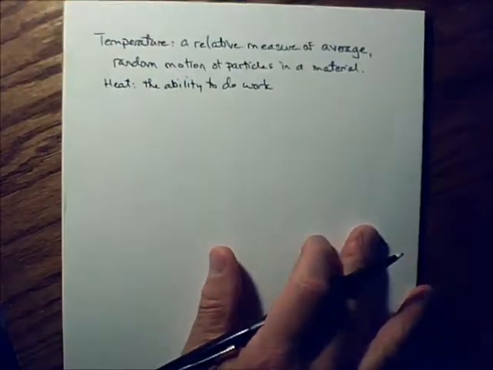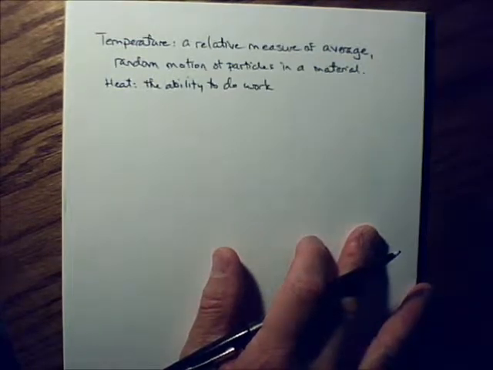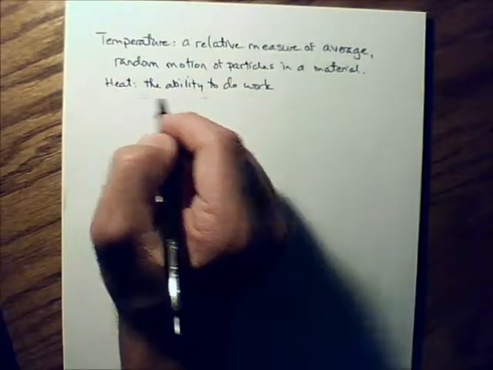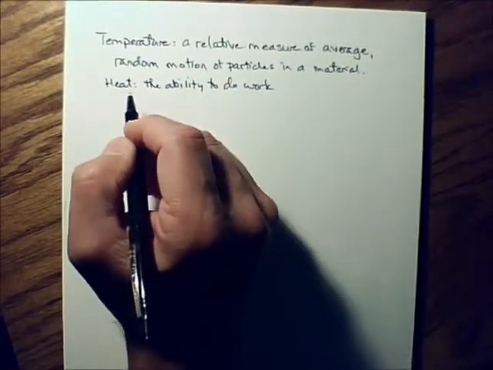And we can take heat and drive a steam engine. Okay? So if it can do the work of driving a steam engine, it's a form of energy. Okay? Actually, energy is the ability to do work. Heat is one form of energy. Okay?